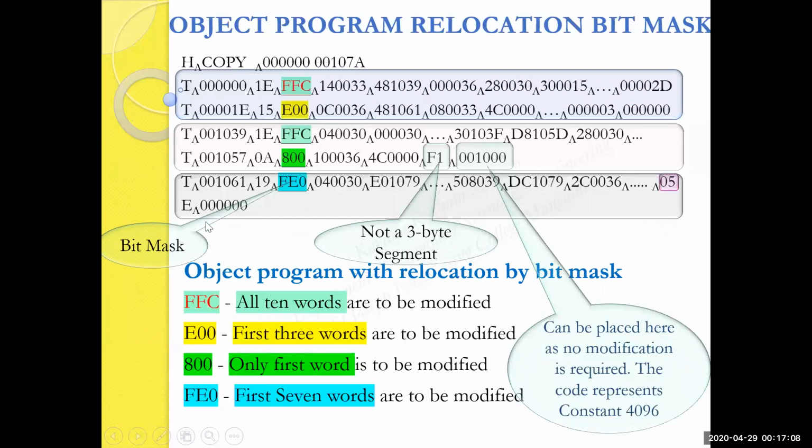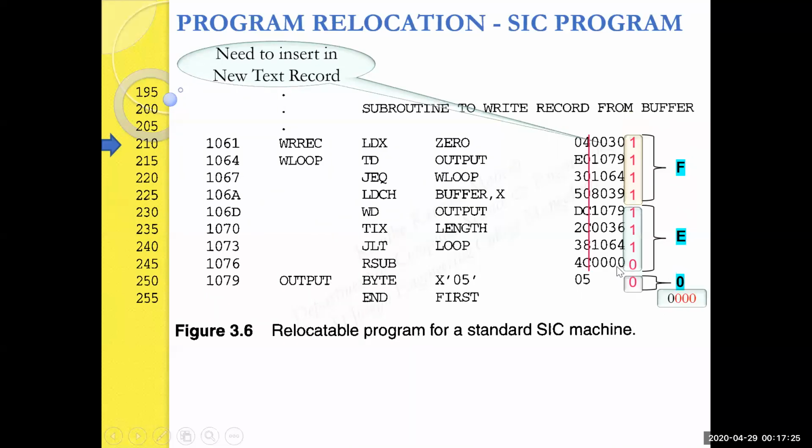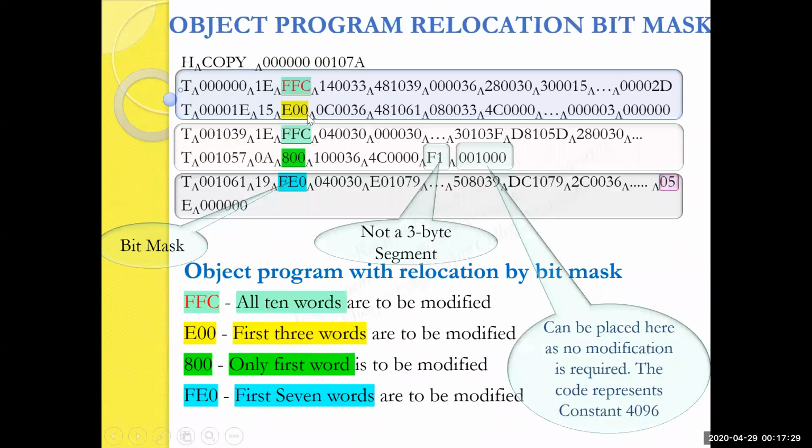So we have just seen a new technique for specifying relocation as a part of the object program. In this scheme, we associate each instruction with a relocation bit, which is set to 1 if the instruction requires modification, and set to 0 if it doesn't. This relocation information is indicated in the object program via a relocation bit mask, obtained by gathering the relocation bits together.